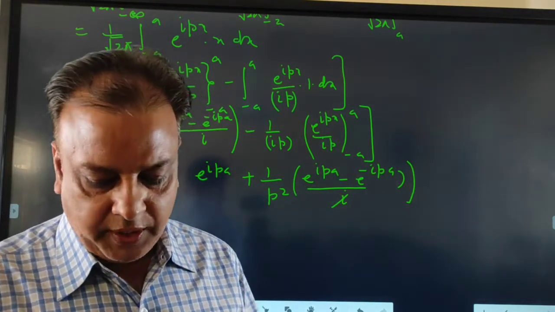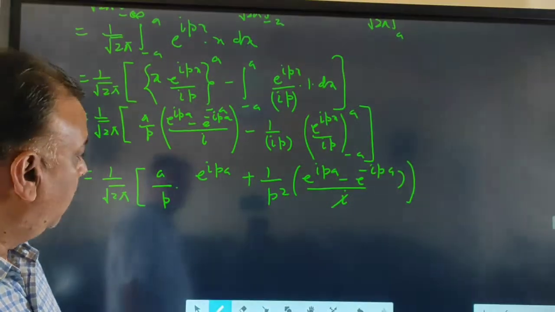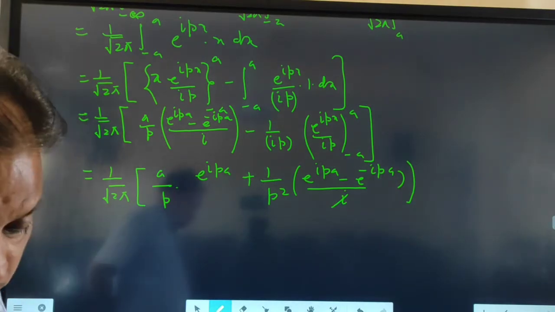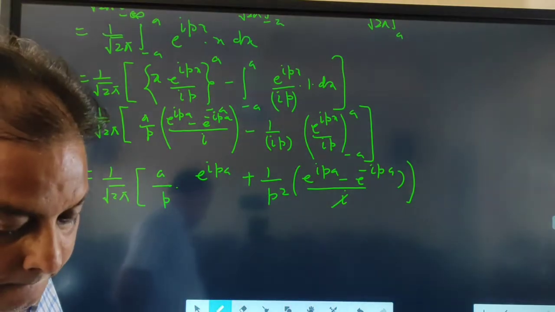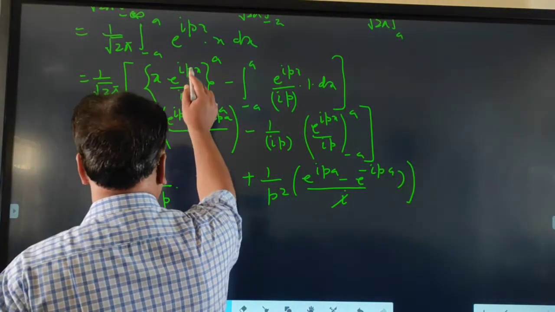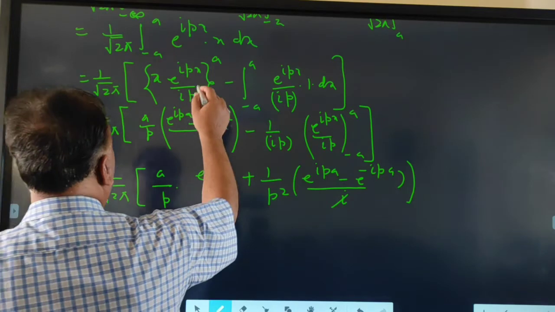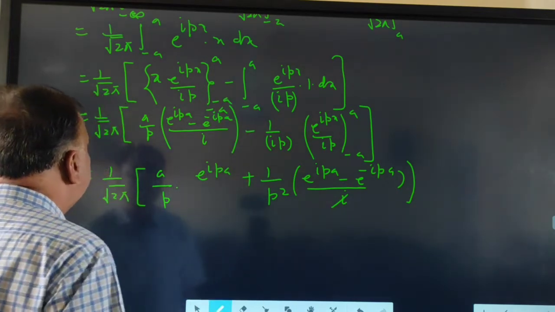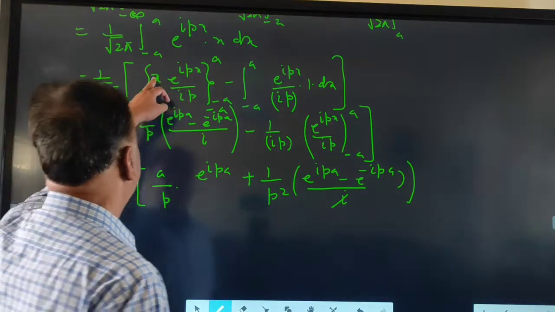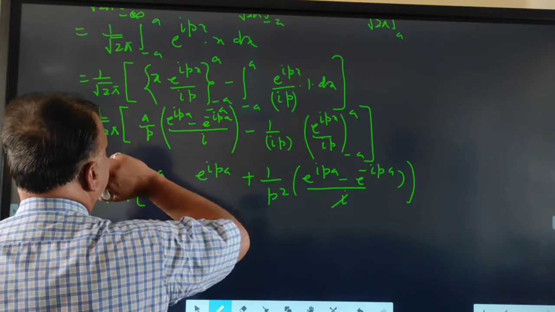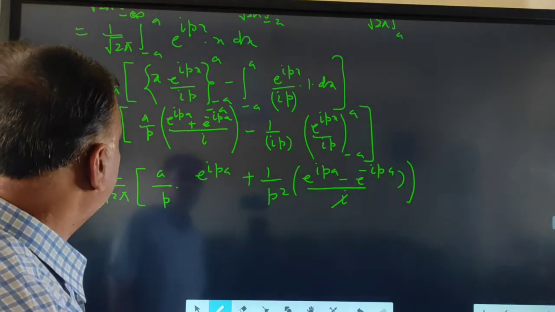So if we integrate this, first we put the values of x from the limits minus a to a: this is a and this is minus a, so minus minus is plus, upon iota p.